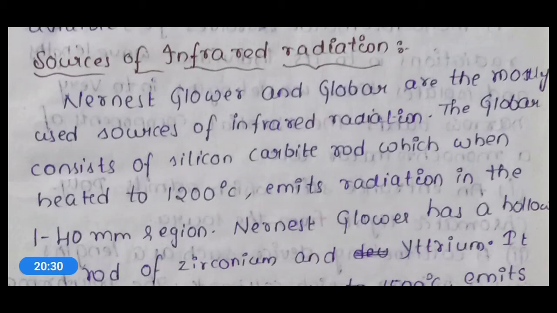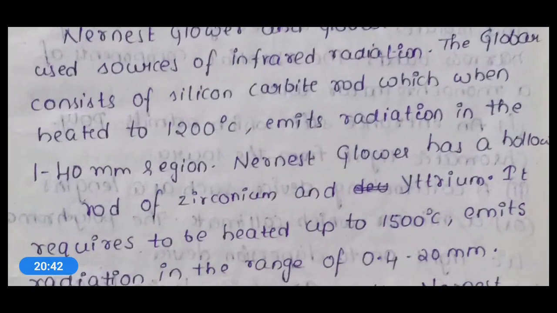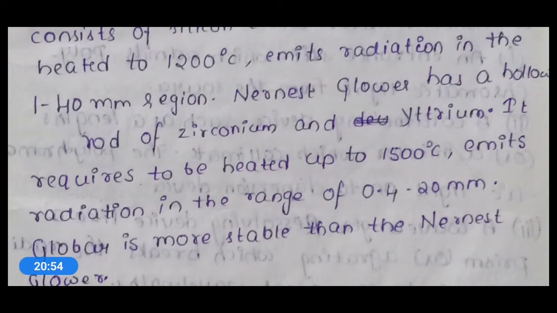And when we use the Nernst glower, it has a rod of zirconium and yttrium, and it requires to be heated up to 1500 degrees centigrade and emits radiation in the region of 0.4 to 20 nanometers.